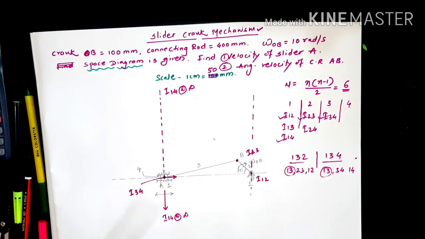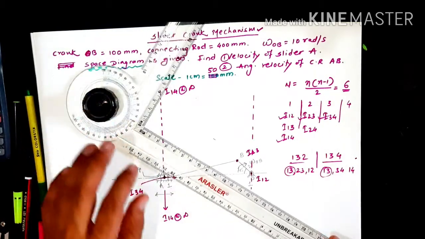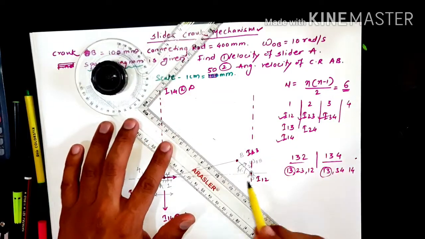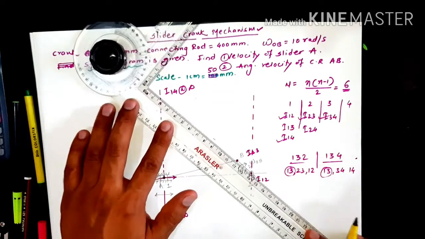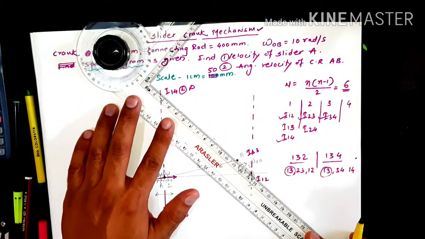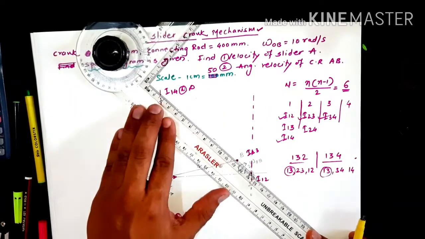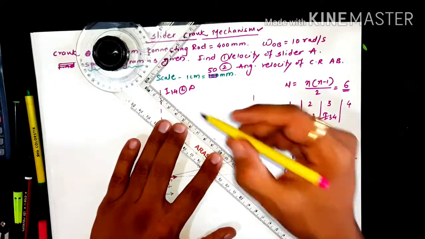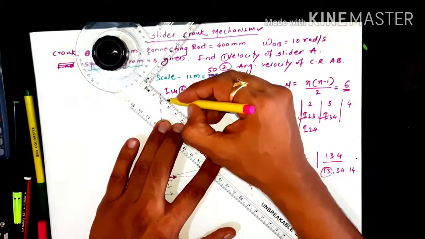As per Kennedy's theorem, for 3 links moving relative to each other, their I centers lie on a straight line. So this is the 1 2 and 2 3 line. If you extend this line here, you will get 1 3 somewhere on this line. We don't know where it will be.